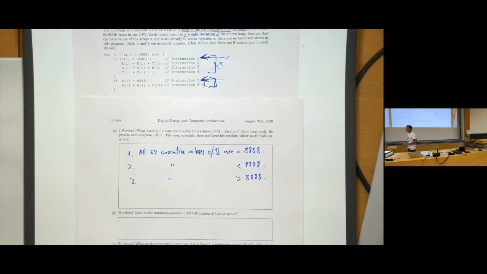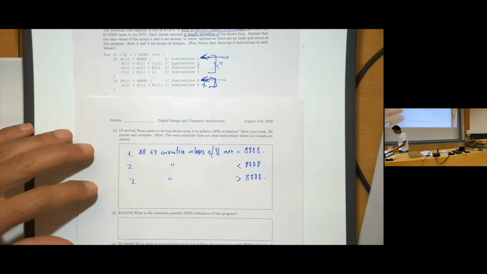Make sense? Of course, if you check the code, you'll see that for each of these 3 possibilities, the total number of executed instructions is different, but we are not measuring the number of instructions. We are measuring the utilization, and we average the utilization over the entire execution of the program.